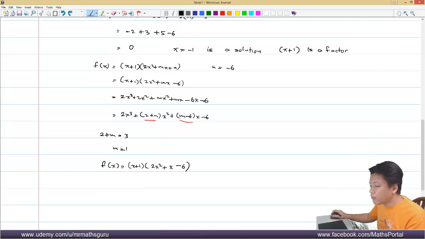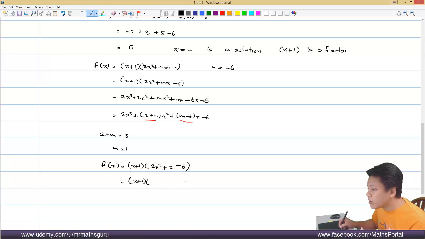Now we have one linear function and one binomial term. We could possibly factorize the binomial term here. So let's put 2x and x, and minus 6 could be a product of minus 3 and 2, or minus 2 and 3.